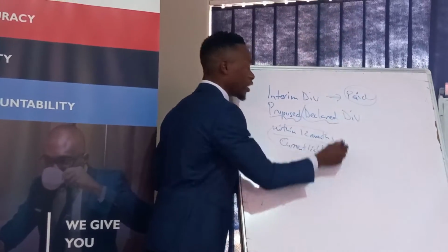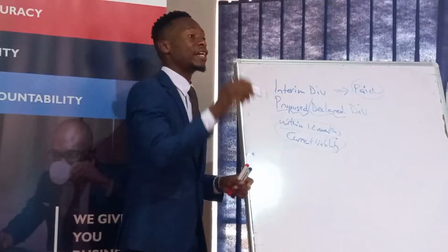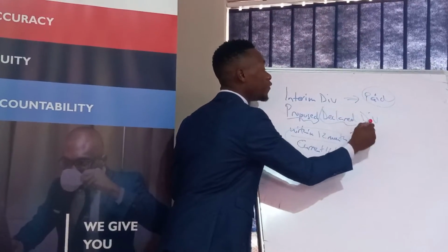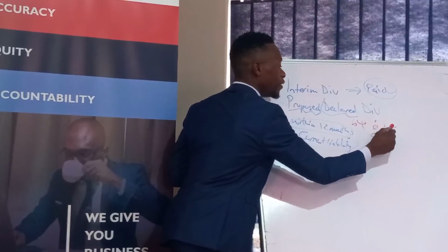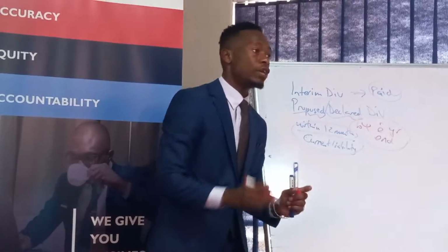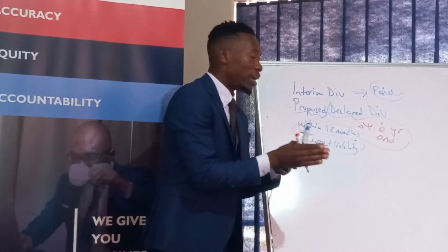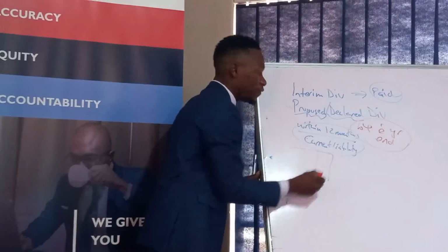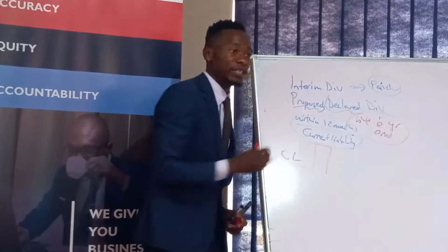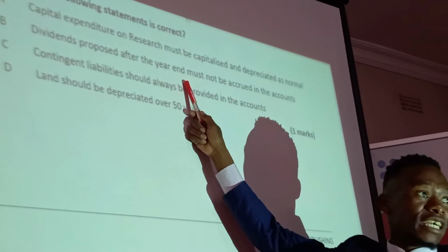Liability. But for us to be able to recognize it as a current liability, it must be declared what? Before the year end. If they declare before the year end, if they promise that they will pay the dividends before we have closed the books, they will recognize it as a current liability. But on this one, they are saying proposed after the year end, guys.